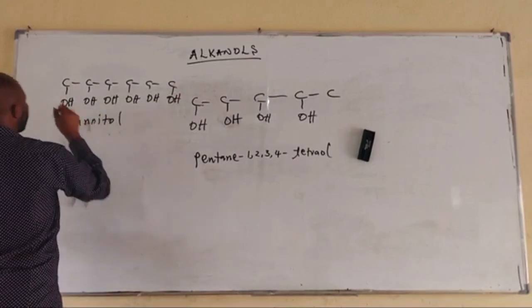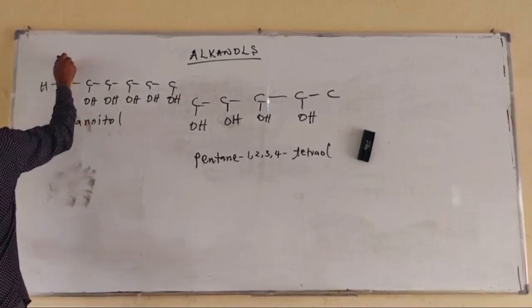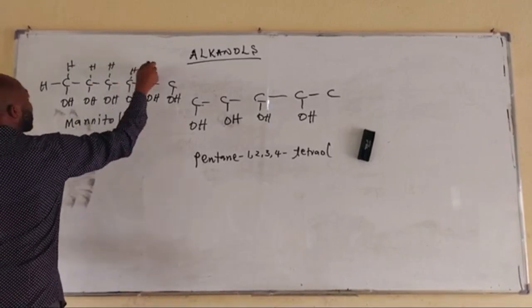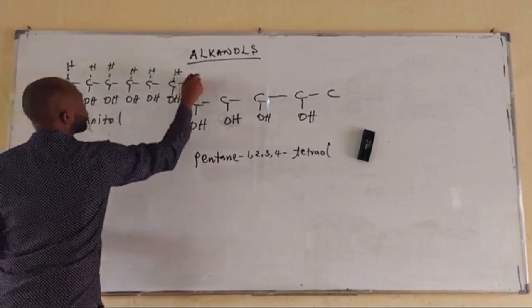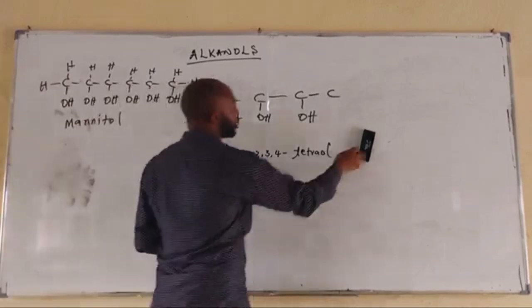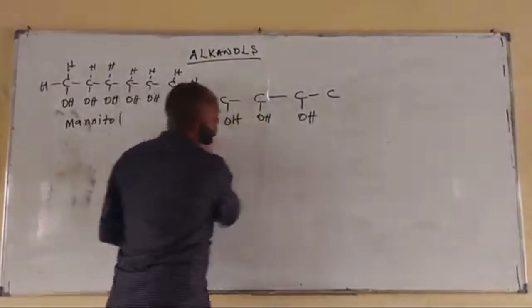This is mannitol. Hydrogen, you should know that your hydrogens are here all around. Even if we do not put them, you should know that. So that is the classification based on the number of hydroxy groups.